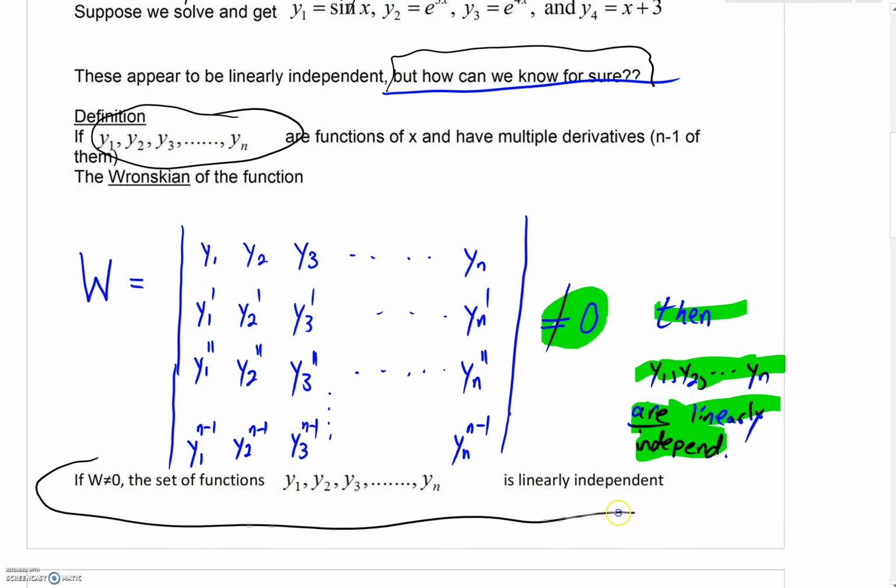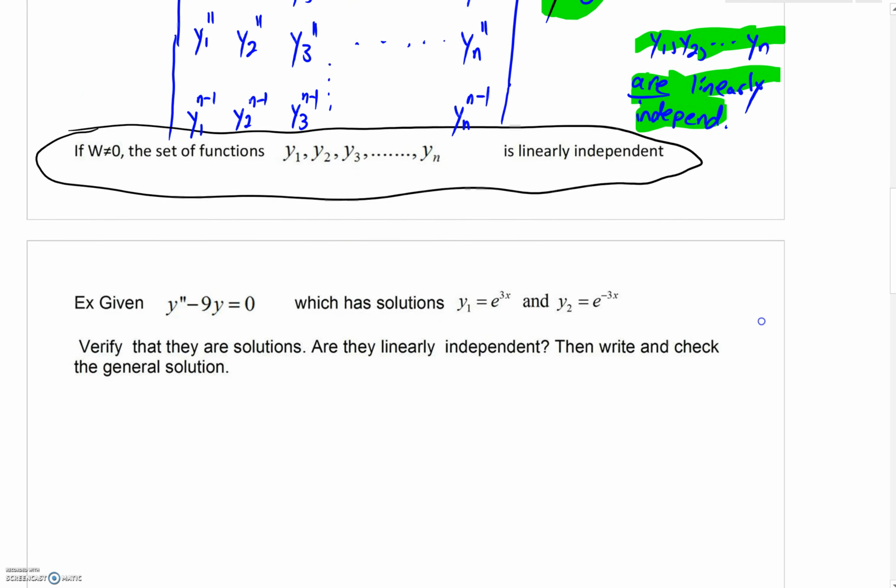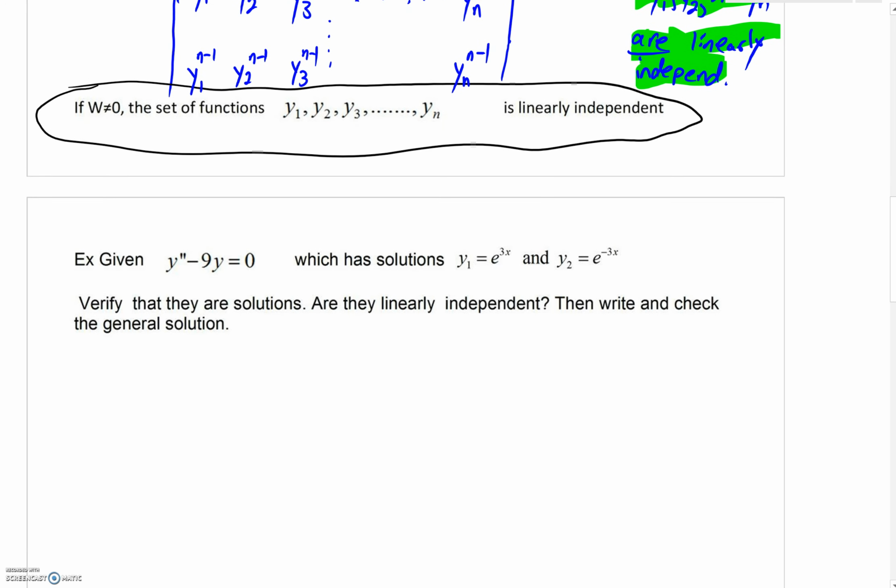So that's really what we're seeing right here. Let's jump in and see where we're going with this. Let's just take a look at this differential equation. y double prime minus 9y equals 0 says that we have solutions of e to the 3x and e to the negative 3x. First, verify that they're solutions, and then see if they are linearly independent.